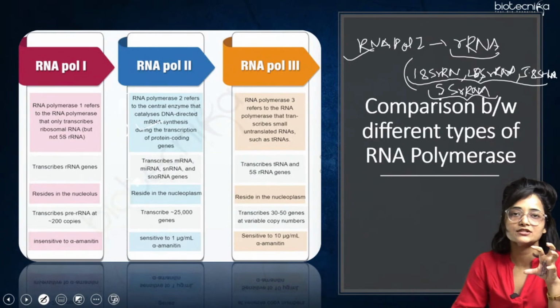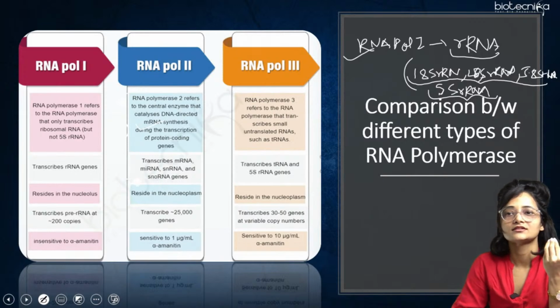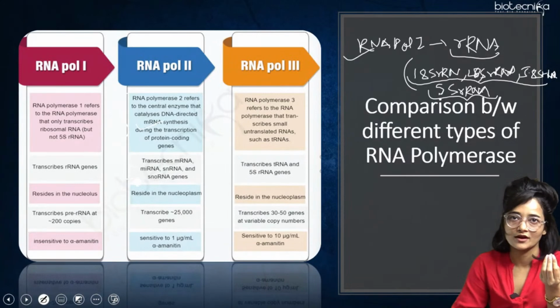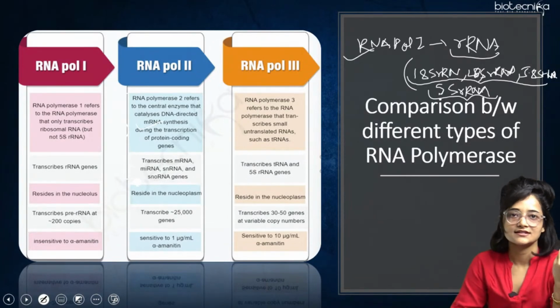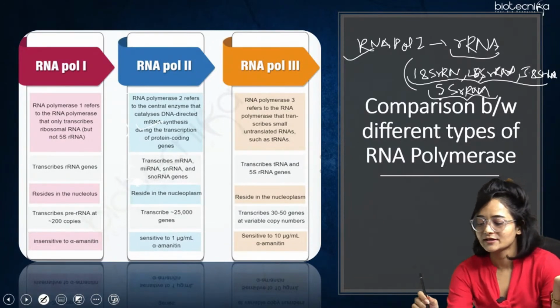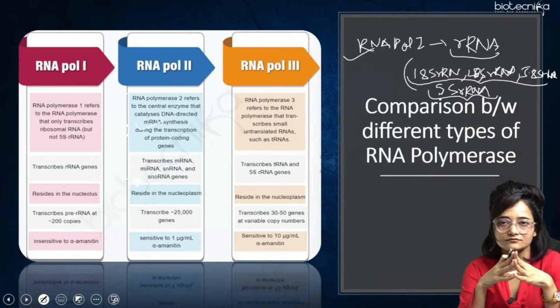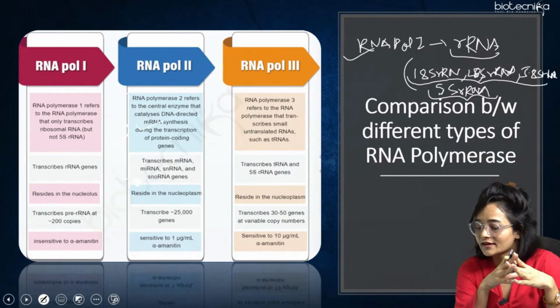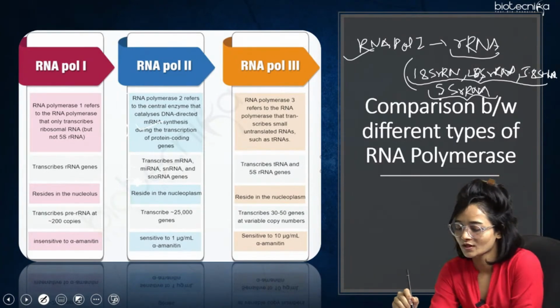RNA polymerase 2 is considered the major enzyme because it is required for the transcription of mRNA, which is part of the central dogma, right? mRNA would be synthesized always. Then coming to RNA polymerase 3. What does it basically do? It transcribes the untranslated RNAs and the tRNAs.